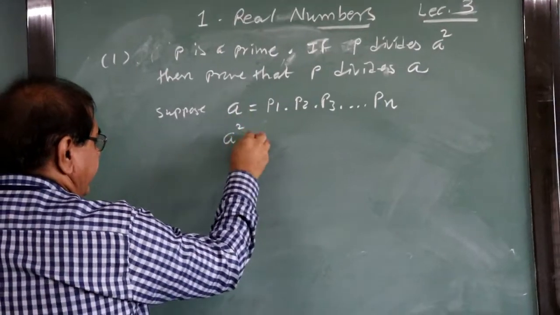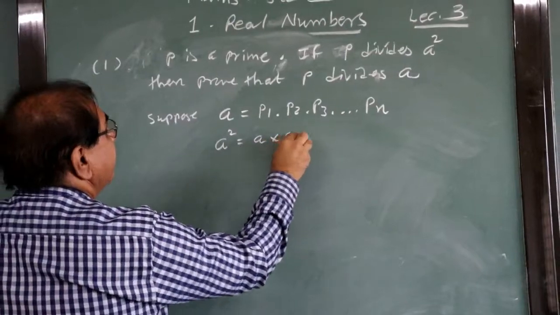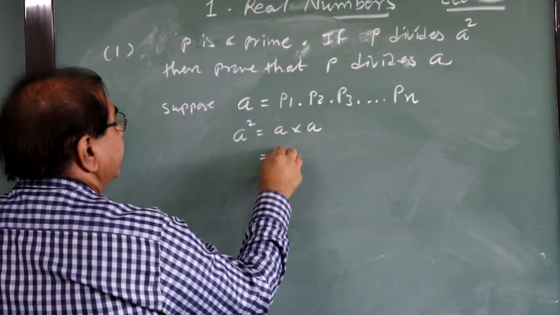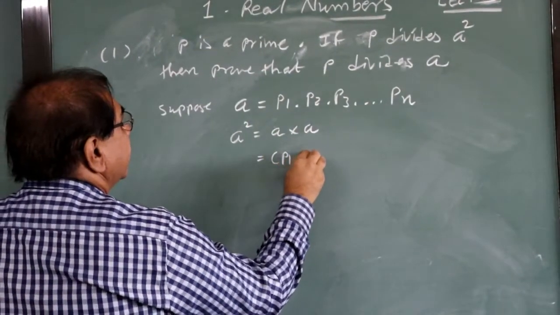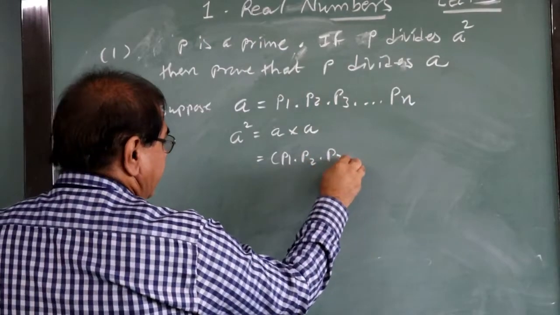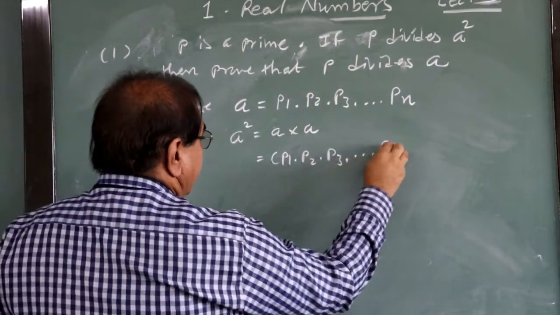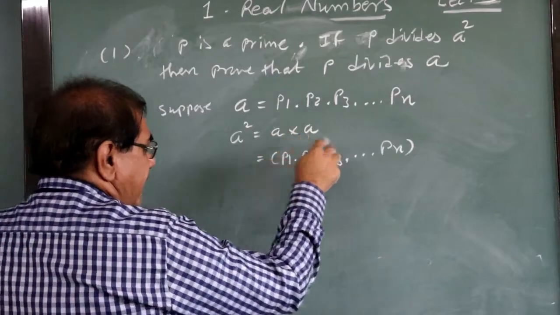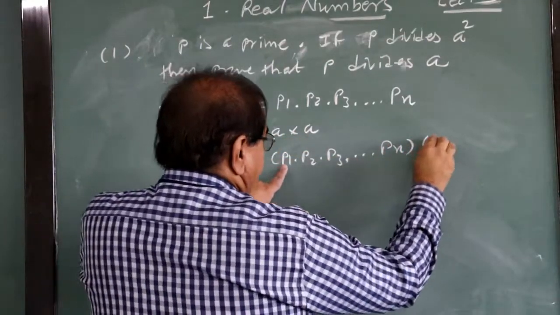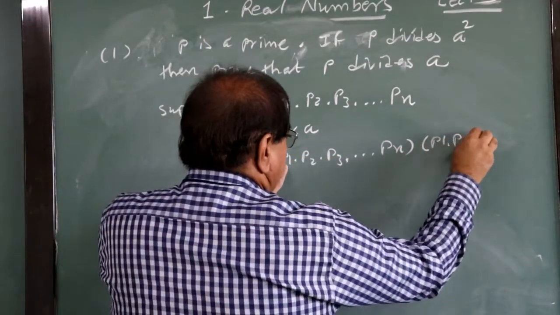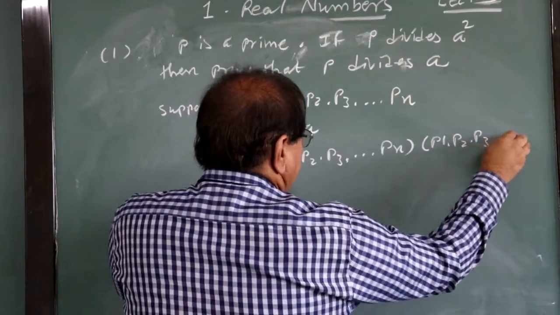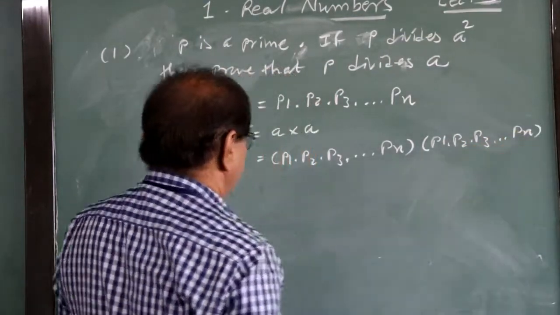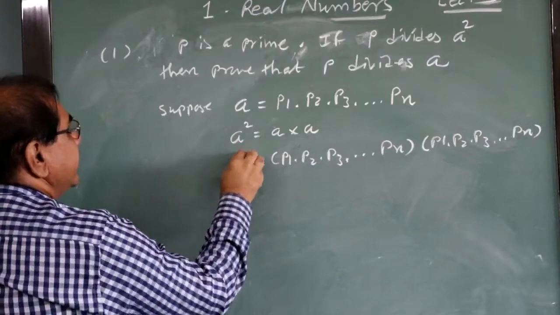If I take the square of it, A square means A multiplied A. That is, what is A? P1 into P2 into P3 into up till Pn multiplied by again the same number A. P1 into P2 into P3 up till Pn.